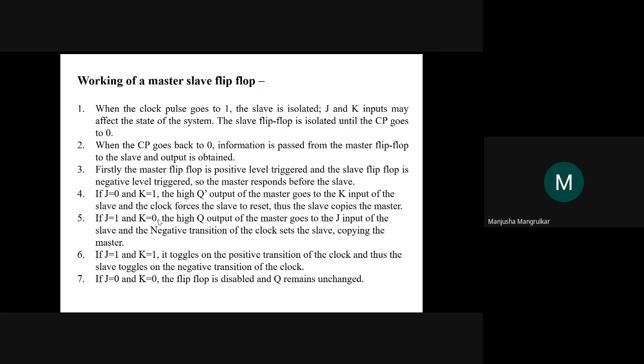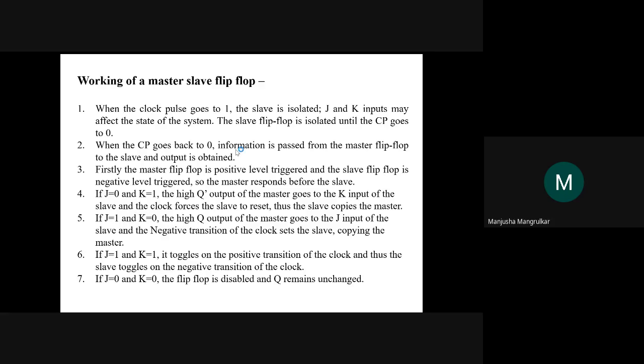When the clock is 1, the master will be activated and the slave is isolated, right? When the clock is 0, the slave will take the output of the master. The master passes its output to the slave, the slave will activate, and whatever output we get, that will be the output. So it will recover the problem of the undefined state. So the race around condition is recovered by using master and slave flip-flops, right?